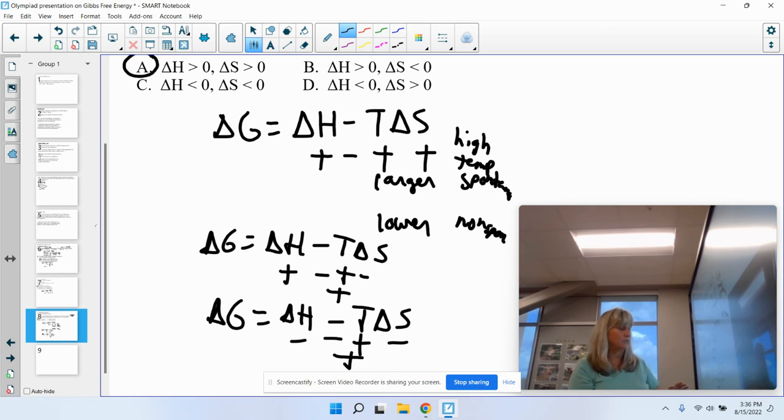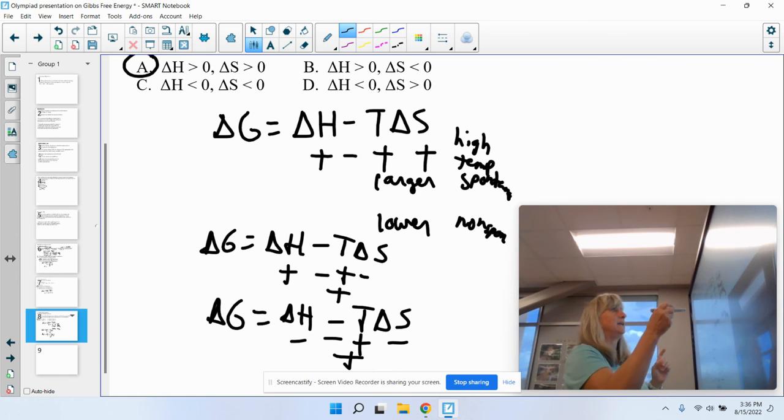If the temperature is low, then this term could be low enough that it wouldn't cancel out the negative delta H. So it would be spontaneous at low temperatures. If temperature is high, then this positive could cancel out that negative, and then it would not be spontaneous. So this is just the opposite of what it's asking for in the question.